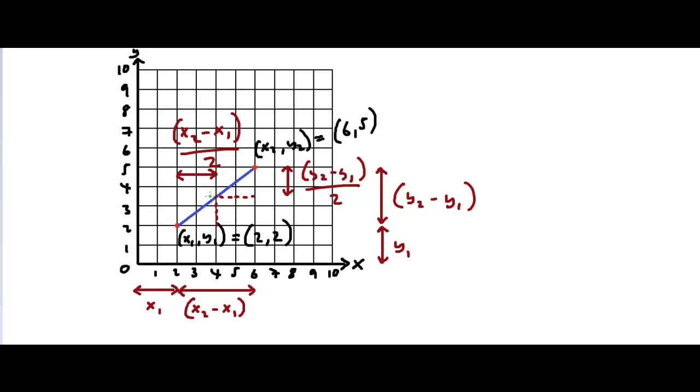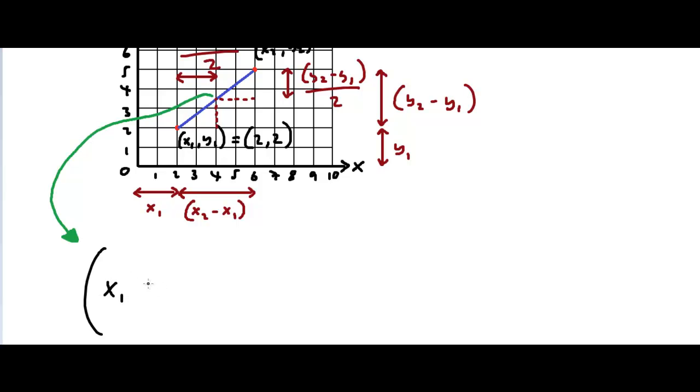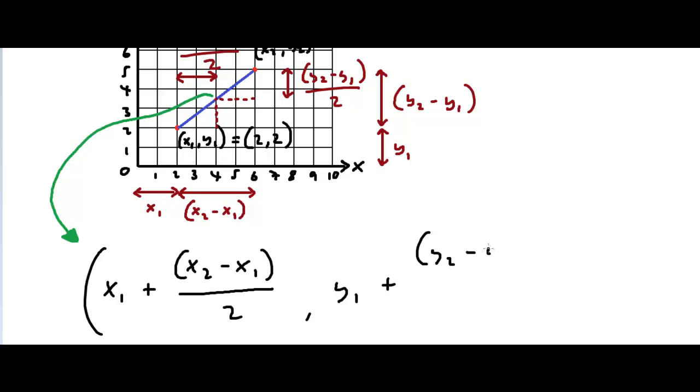Now, if this is the case, the coordinates of this point over here will be x1 plus x2 minus x1 divided by 2, comma, y1 plus y2 minus y1 divided by 2.